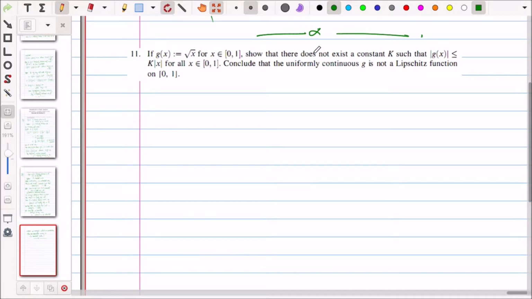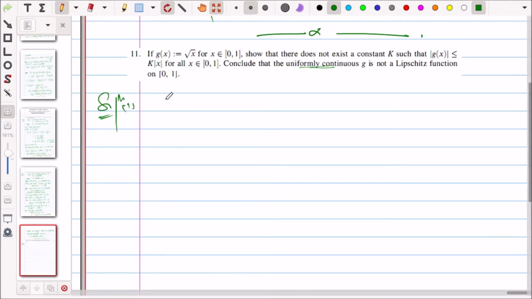So basically we have to show that for each k there exists some x in the interval 0 to 1 such that g of x is greater than k times mod x. And then we have to use this result to show that the function g is not a Lipschitz function, and we will also have to show that it is uniformly continuous on 0 to 1. So let us start.